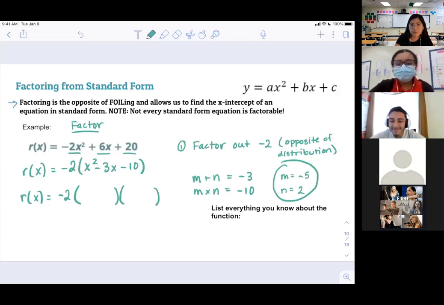What's -5 times 2? Negative 10. What's -5 plus 2? Negative 3. Exactly. So my two factors are -5 and +2. So I get x minus 5 and x plus 2. That's it.